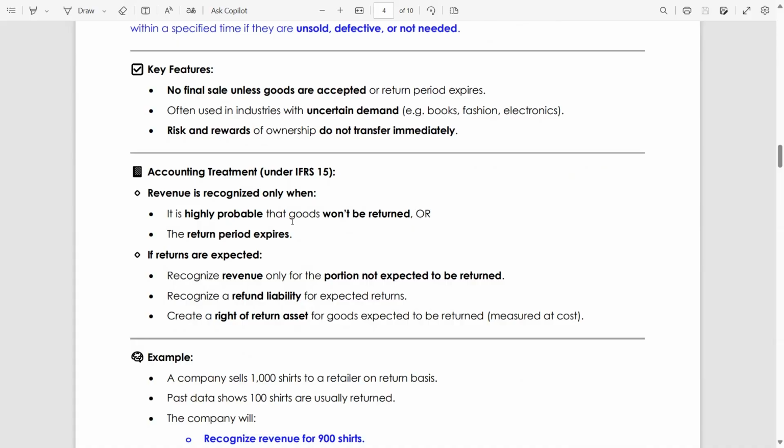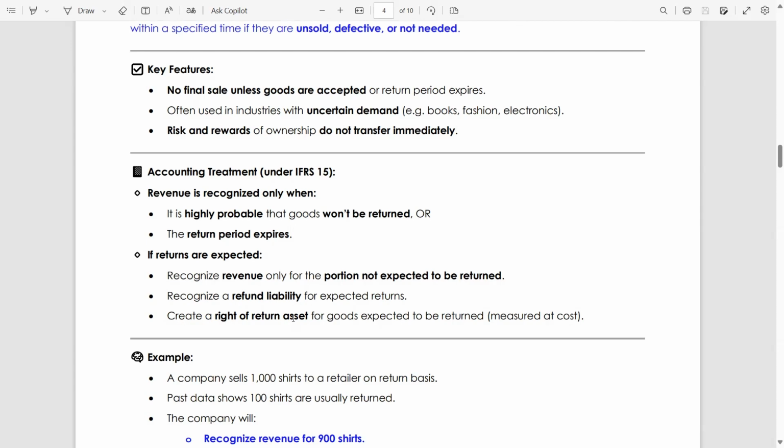There is an or here, meaning if one of the criteria is met, then you can book revenue. If returns are expected, recognize revenue only for the portion not expected to be returned. Of course, if it's returned, then it is not a sale. Then you will have to record it in your inventory as an asset. Recognize a refund liability for the expected return.